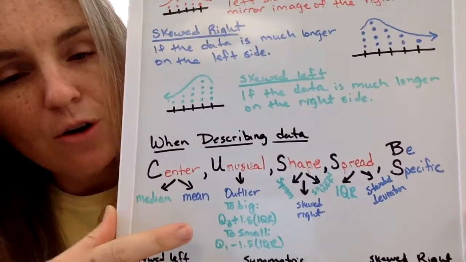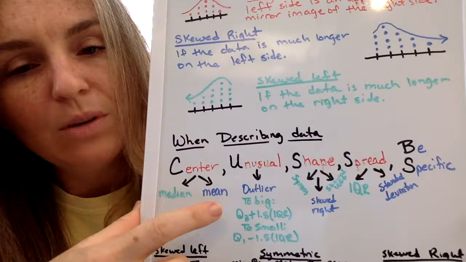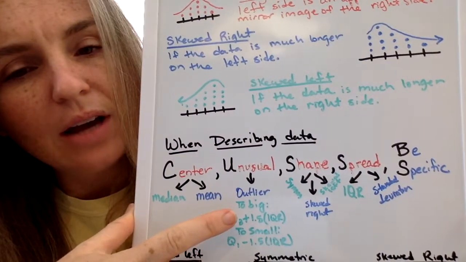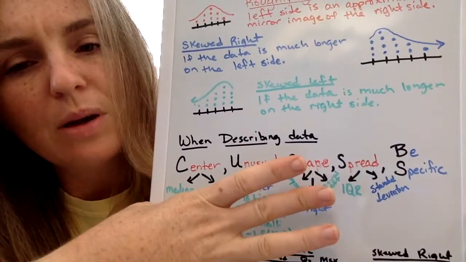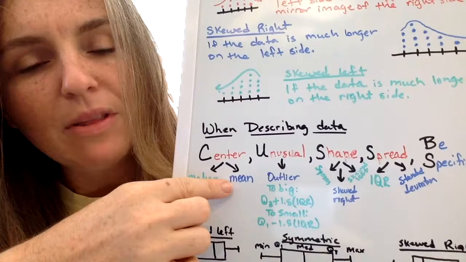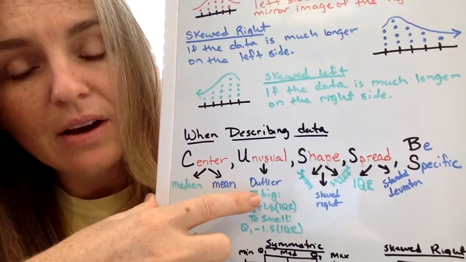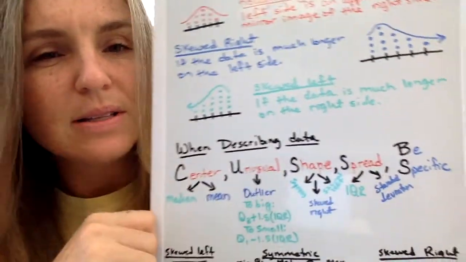After we say we're going to use the median, we still want to talk about if there's an outlier and what the shape is, but when we talk about spread, we want to talk about the IQR. But if we want to talk about the mean of the data, we're going to talk about the outliers, the shape, but we're now going to talk about standard deviation.